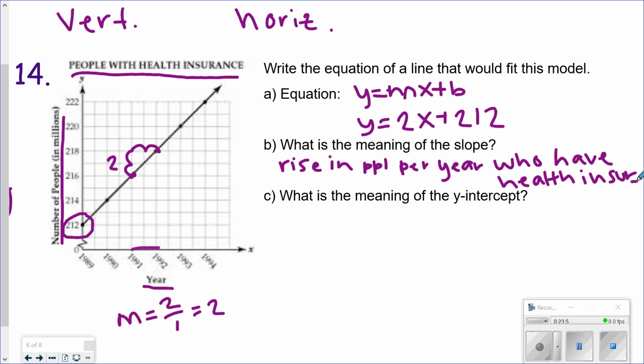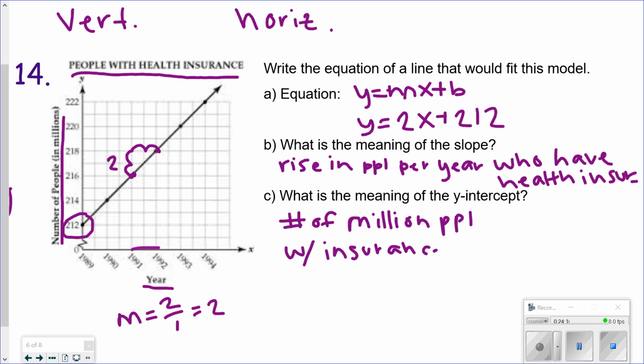Well, the y-intercept is 212, and if I look down, that was in 1989. So number of million people with insurance in the year 1989.